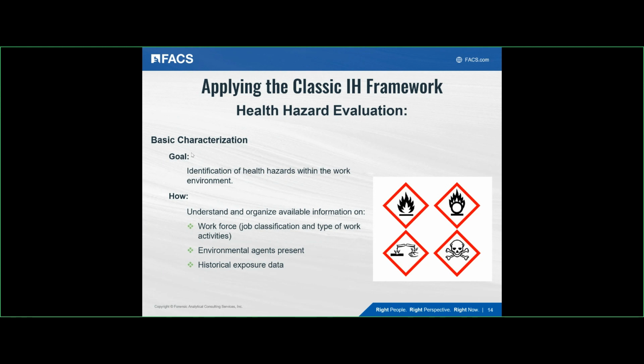Understand what chemical, physical, and biological agents are in your work environment, and what are the chemical and physical properties of those agents. Once you've identified the chemicals, you can then understand the health effects that are associated with excessive exposure to those agents. You can define the occupational exposure limits for each agent and identify what you consider to be significant sources of exposure and how the workers interact with them.